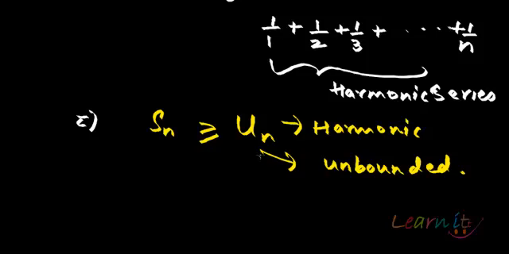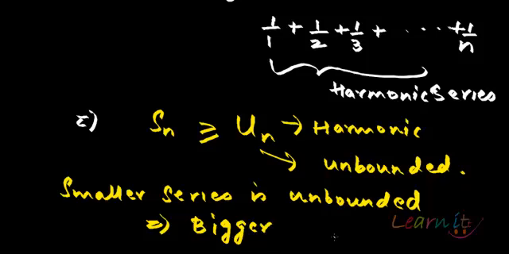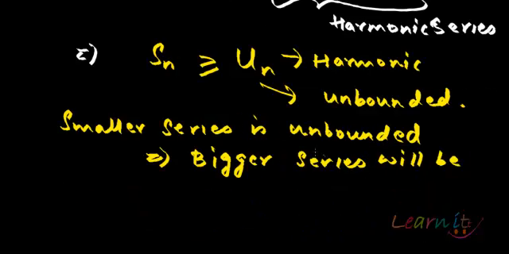Which implies that if the smaller series is unbounded, then the bigger series will of course not be bounded. So what does this mean?